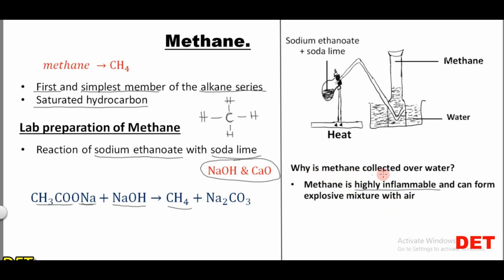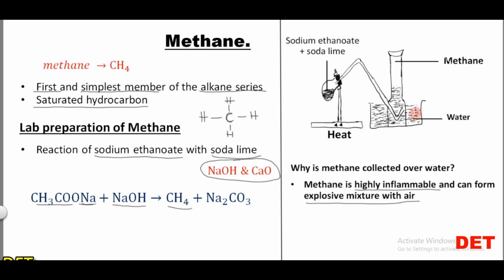Again, the reason why methane is collected over water is because it is highly inflammable, that is, it can burn easily in air and can form an explosive mixture with air. The water is acting as a cooling agent to cool methane down.